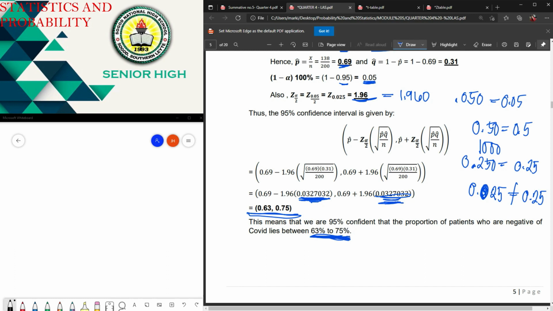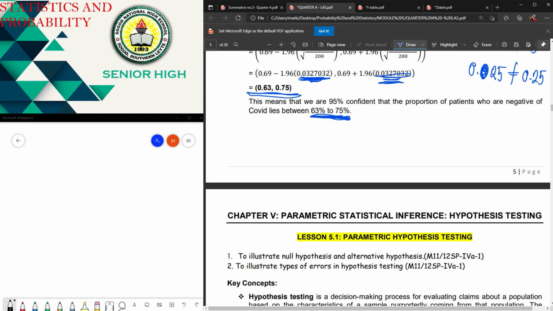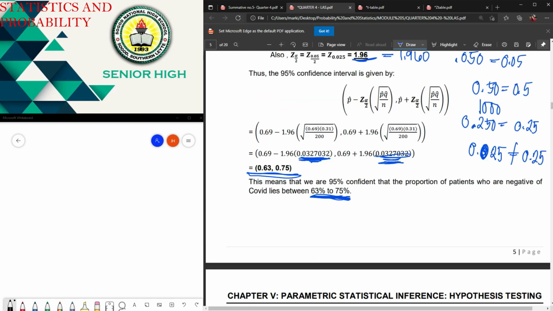How about, guys? So try to solve. If we are looking at constructing a confidence interval, it's not just an activity, so that you can practice.